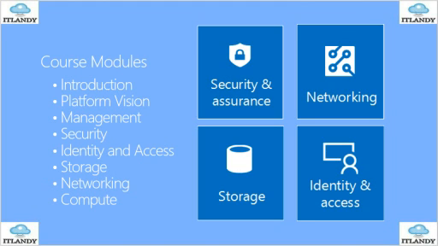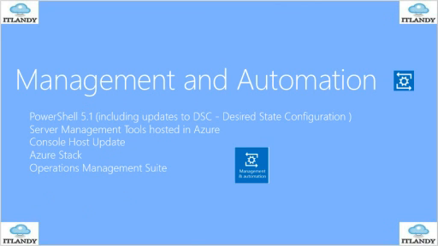For today, we will cover the management side of Windows Server 2016 and the improvements around that. With management and automation, we have PowerShell 5.1, which includes an update to DSC, Desired State Configuration.